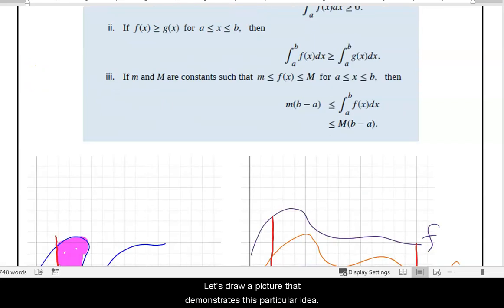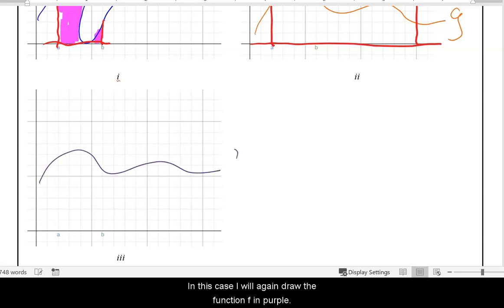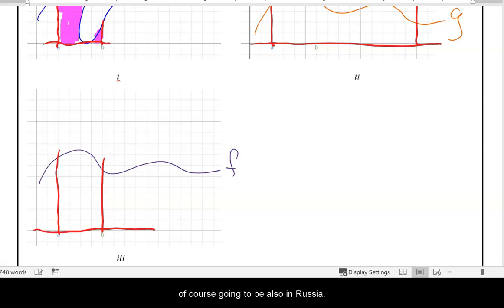Let's draw a picture that demonstrates this particular idea. In this case, I will again draw the function f in purple. Here's my interval between a and b, represented with the vertical lines now in red. The x-axis is, of course, going to be also in red.